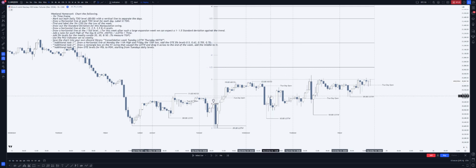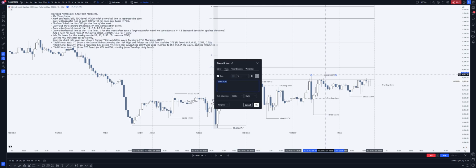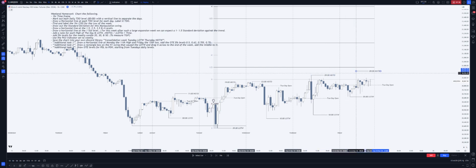London Q3. It's what times that I like for my trading, being in Australia. And New York PM 1300. Put that back this way.